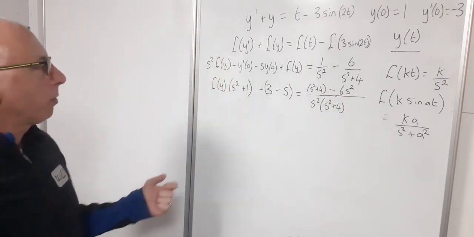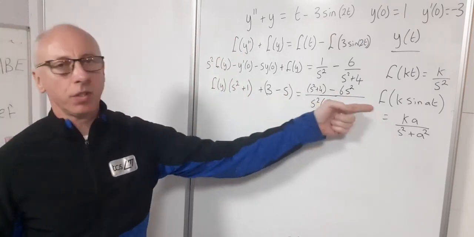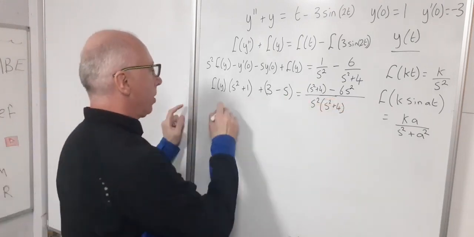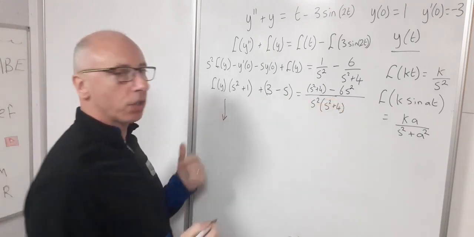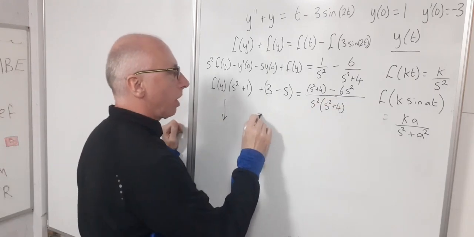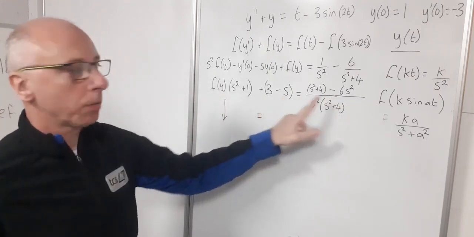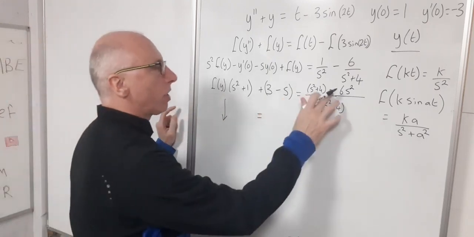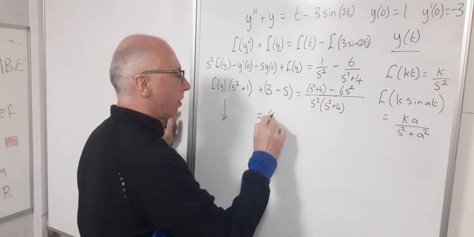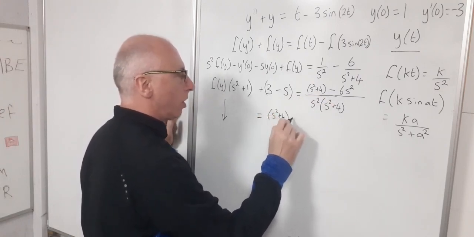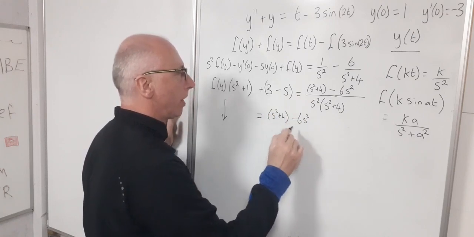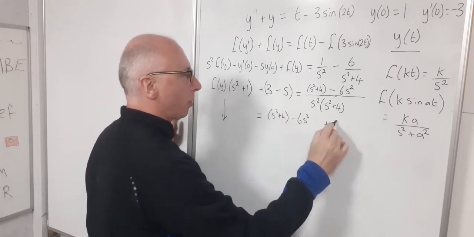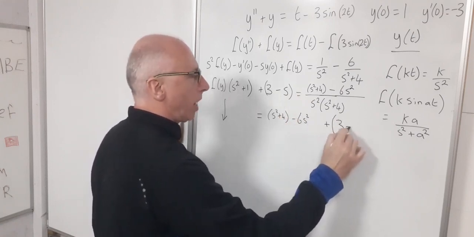Right, now let's get this term over to this side. So this, I'm just going to put an arrow, that's just going to bring down. So give myself a bit of space and start over here, as I'm going to bring this one over. I'll just rewrite this term here. So I've got s squared plus 4 minus 6s squared plus 3 minus s.